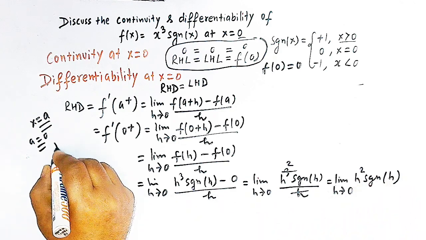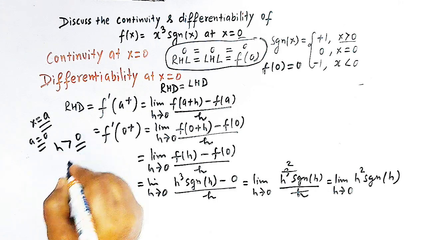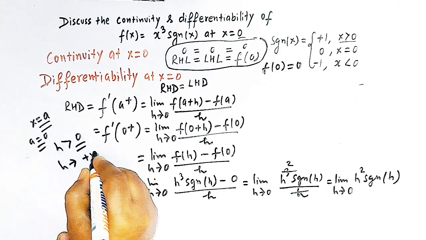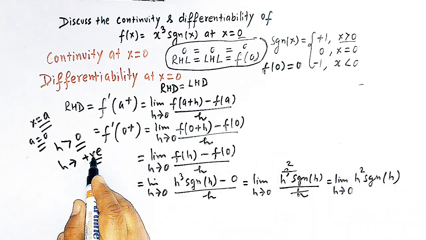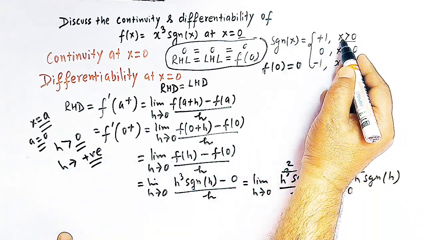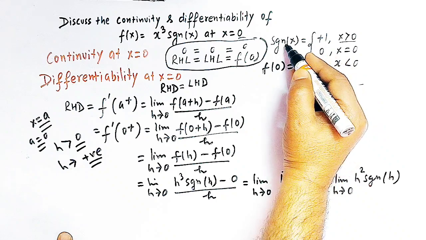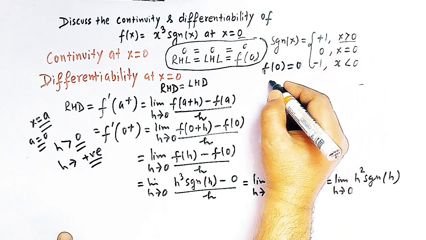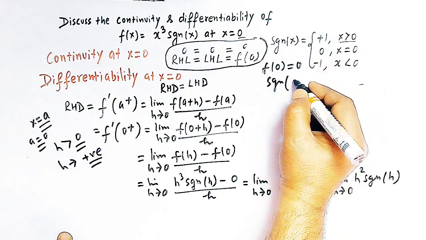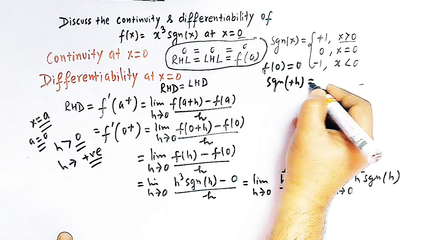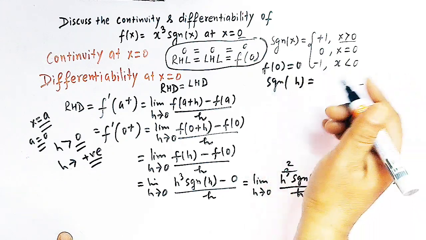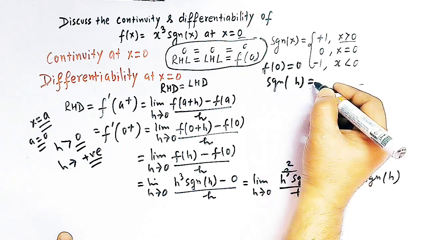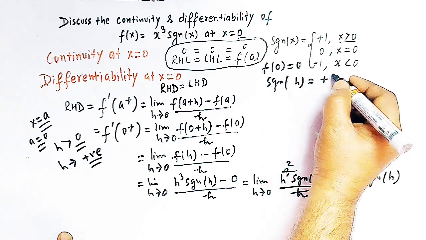Remember h is greater than 0, that is, h is a positive quantity. So when x is greater than 0, signum of x is 1. So signum of positive h, that is signum of h, is equal to plus 1.